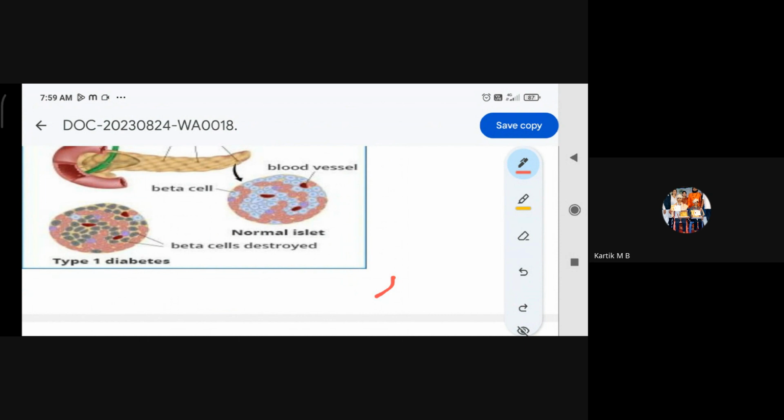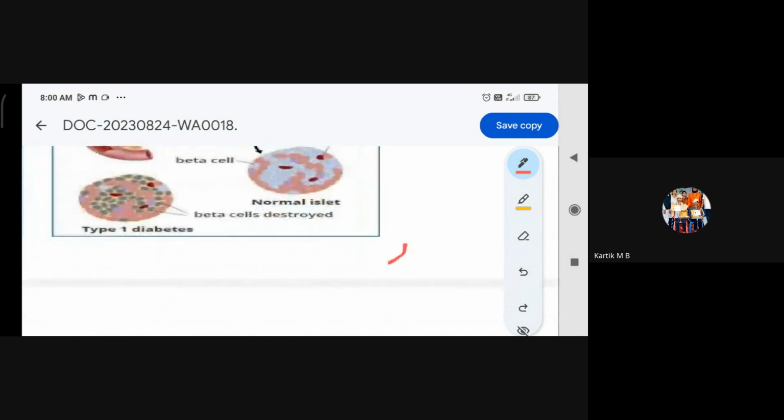So we are eating glucose properly, and cells are okay, receptors are also okay, but insulin is not present. Deficiency of insulin is there. That is why glucose cannot enter the cells, and that is why blood glucose level is going higher and higher.